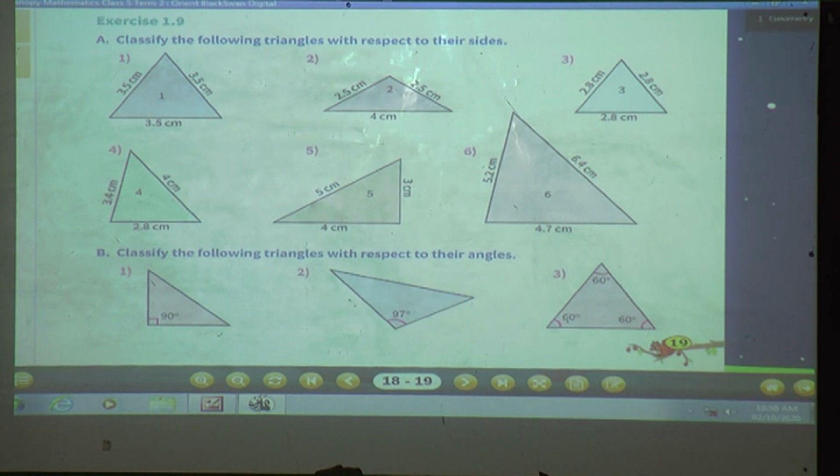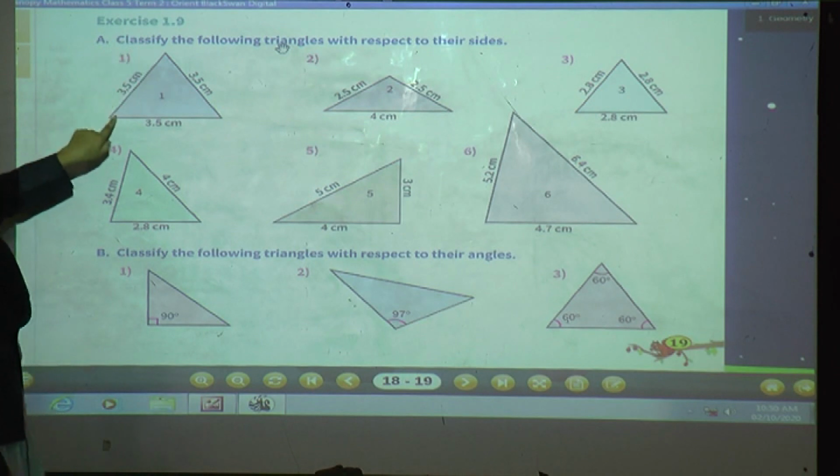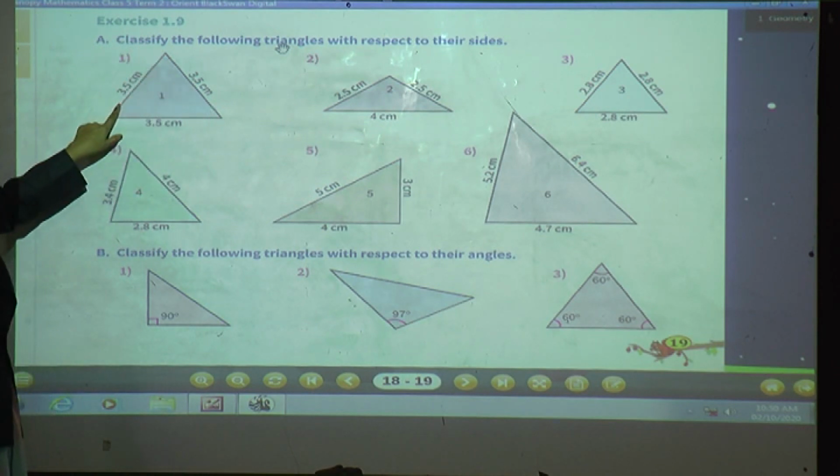Yes, question number A. Classify the following triangles with respect to their sides. First one, you can see here. Here are the measures of the triangle sides.